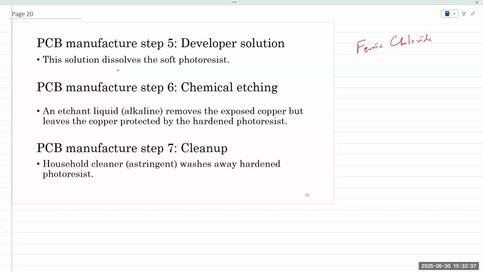The photoresist is going to protect your copper based on the pattern that you developed. So the copper which is exposed gets etched away or eaten up by this ferric chloride etchant. So it etches or eats away copper. And that's how you get the pattern that is transferred on the PCB.